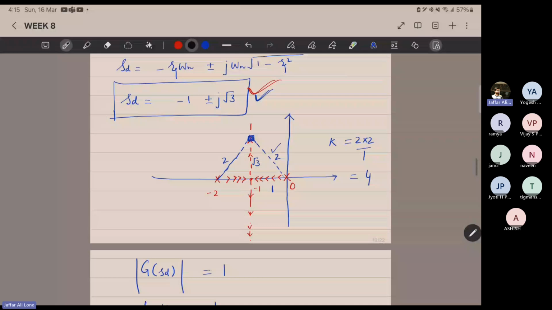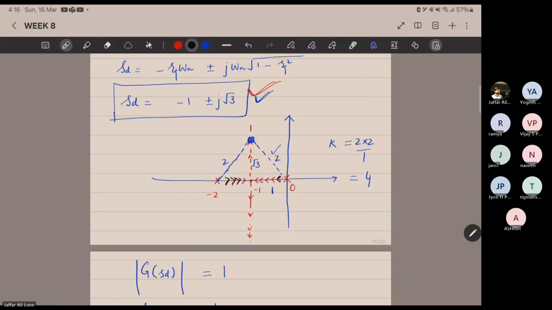While we solved this question, we saw these desired closed loop poles were lying on the root locus. Then we know what the root locus is. In root locus, we vary the gain from 0 to infinity, and we get the desired characteristics. So our root locus starts from here, then as k increases, it goes in this direction and this direction.